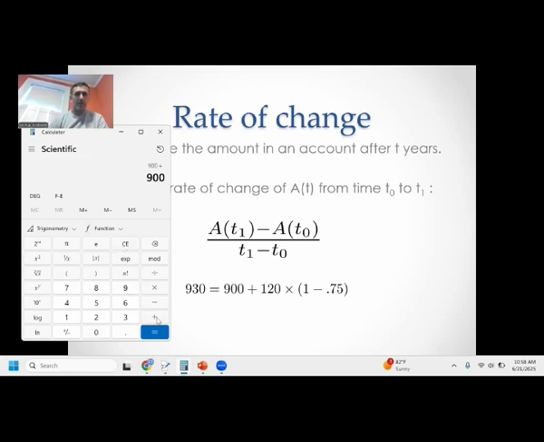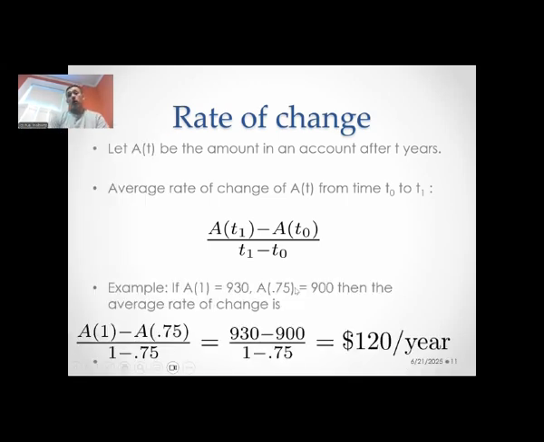So 900 plus 120 times parentheses 1 minus 0.75, and we get 930. And if you just take the average rate of change times the change in time, we get $30, which is, of course, how much you've grown by exactly in this 3 month period.